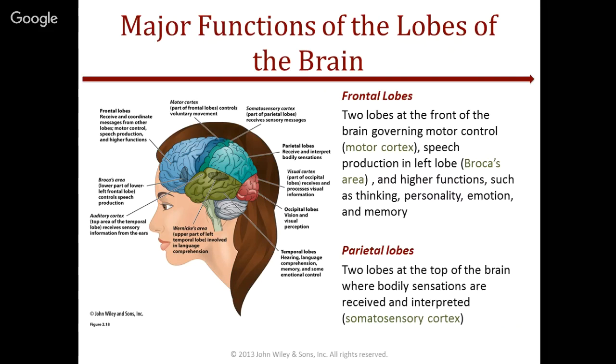Again, this is where your motor skills come in, your speech production come in. Be familiar with your Broca's area. Your Broca's area is the part of the brain that allows you to be able to speak effectively.